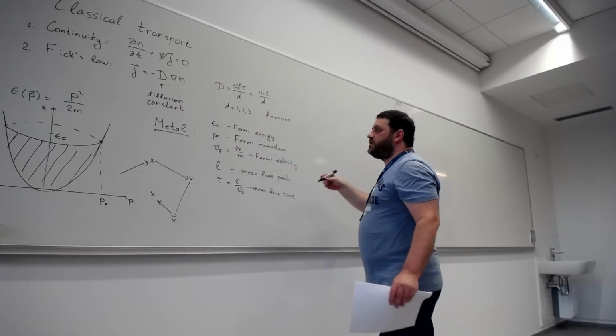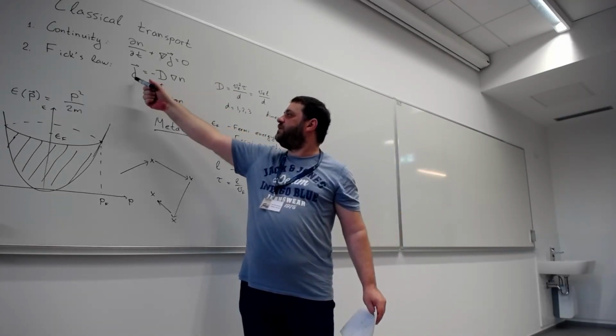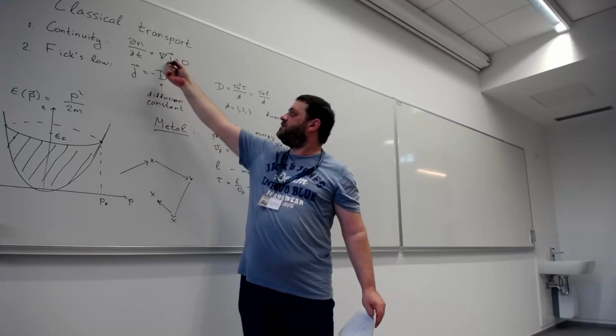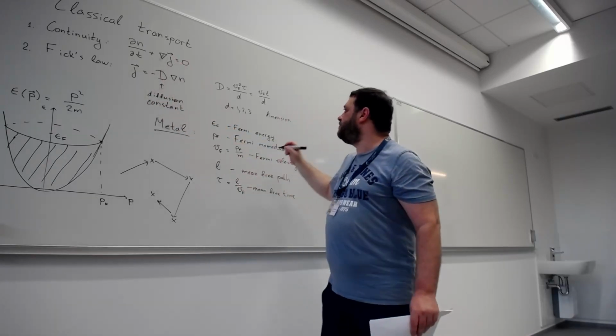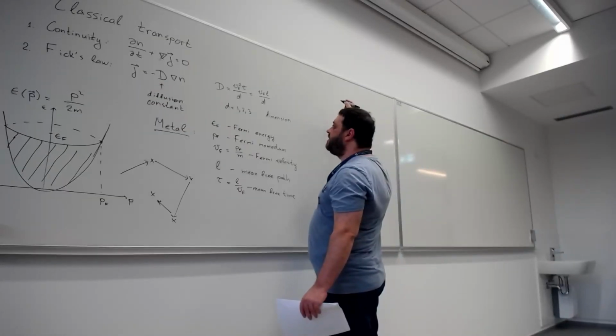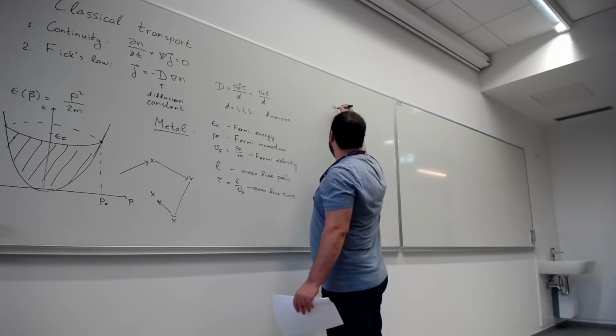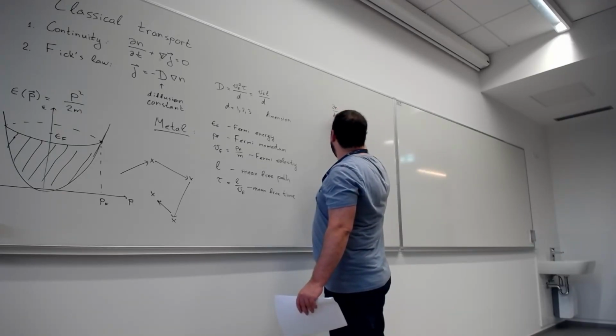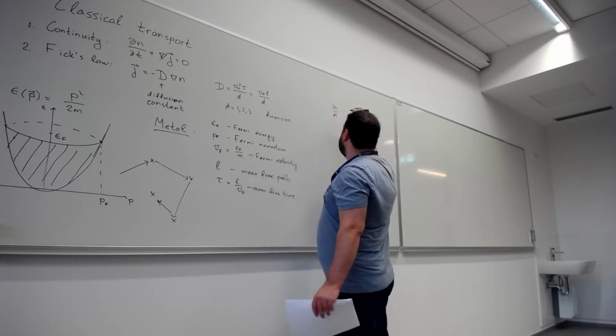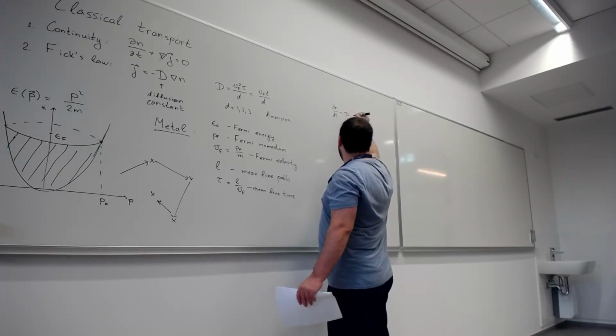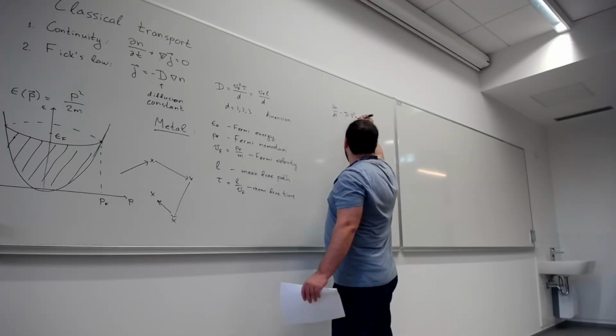So with all this said, we have our diffusion constant, the only parameter that we need for these two equations, and we can combine them just by taking the current and substituting it here in the continuity equation, and what we get is dn by dt minus D nabla squared n equals 0.